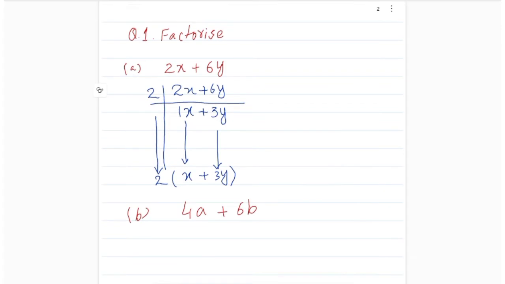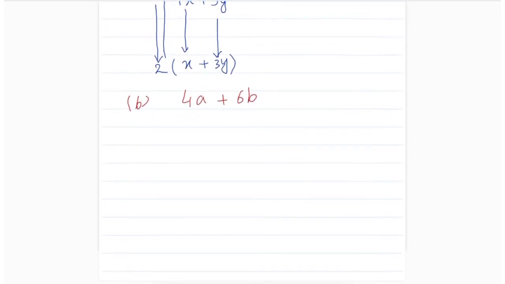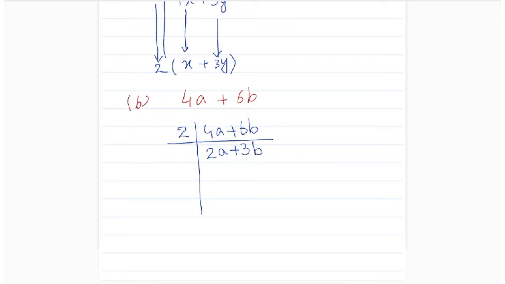3y bracket close. Similarly, we'll be doing the same method for 4a plus 6b. Now, the same is here, 4a plus 6b, and we'll be looking for the number which is dividing both 4 and 6. Yes, you're right, 2 is there. So 2 2s are 4, a remains the same, plus 2 3s are 6, and b remains the same.